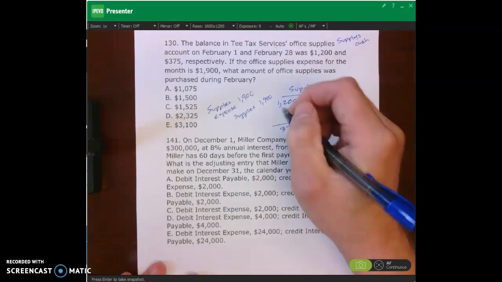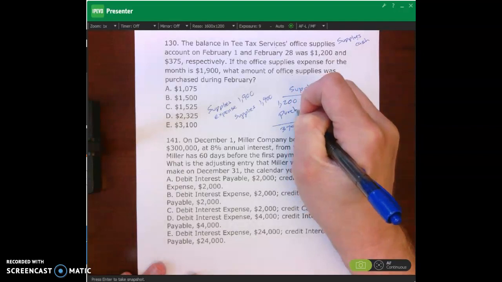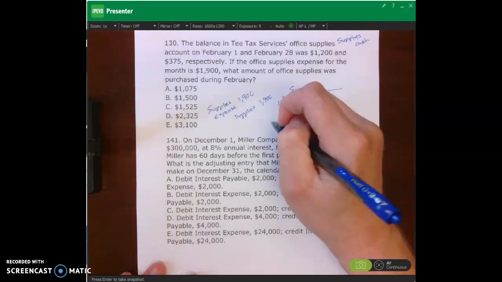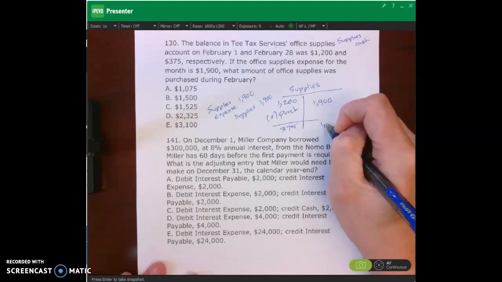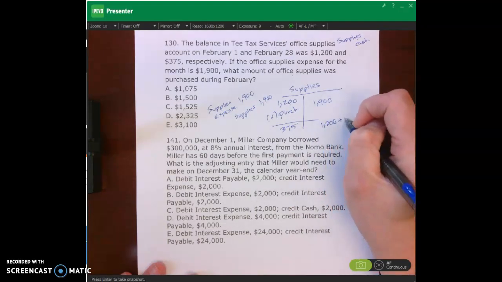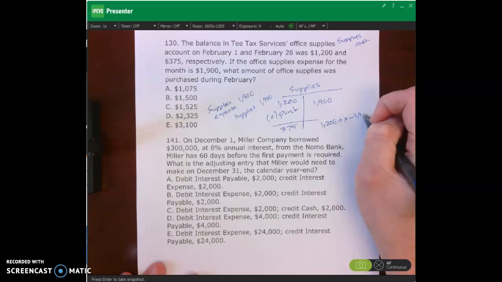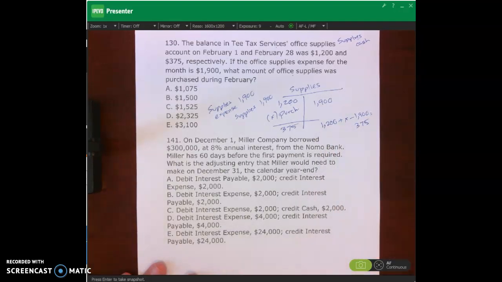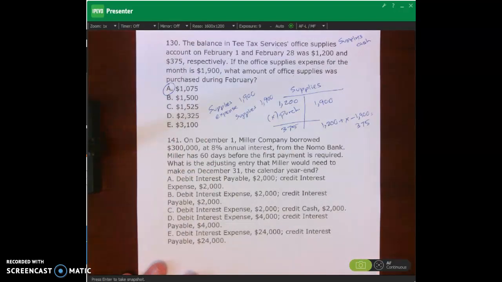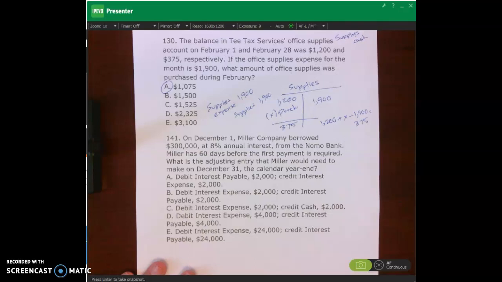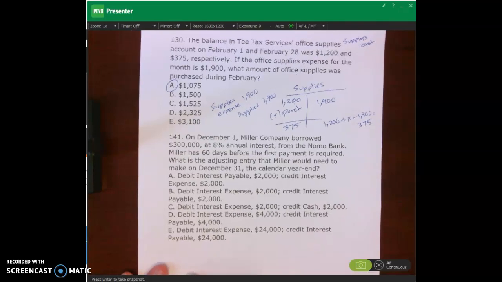So it's a debit to supplies. So I have purchased over here. That's my unknown, X. So what I can do is I can say 1,200 plus X minus 1,900 equals 375. I can set up an algebra equation to solve that problem. And when you solve for X, which is your purchased, you get A, 1,075.